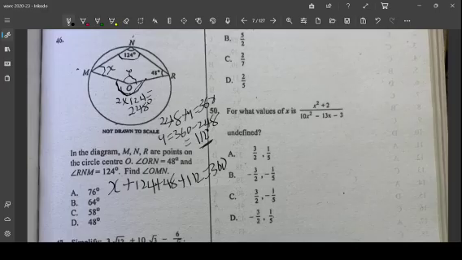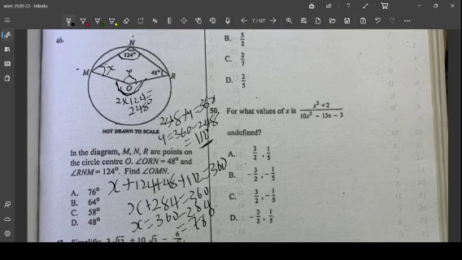So when I add up these numbers, I have x plus 284 is equal to 360 degrees. So when I collect like terms, x will be equal to 360 minus 284, which is equal to 76 degrees. So this angle OMN, which I labeled personally as x, is 76 degrees.